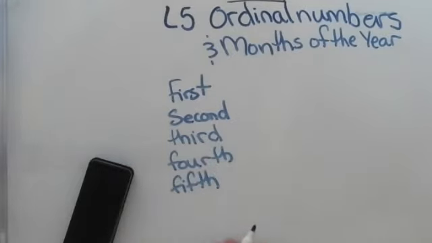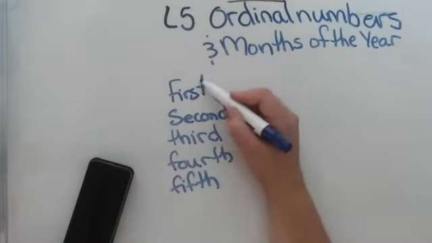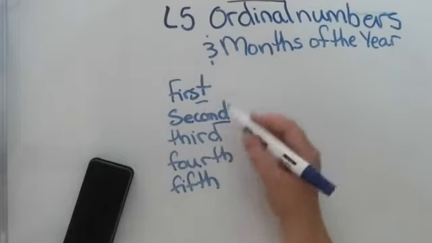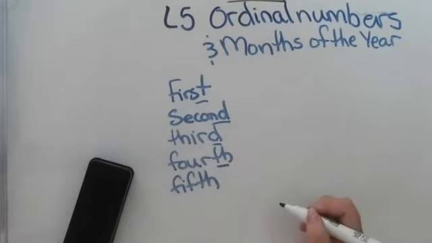fifth, and onwards. We do have, and I'll show you in a second, you can go up to 21st, 500s, whatever. But what you end up doing is just adding the ST, the ND, the D or the TH to the end of something.